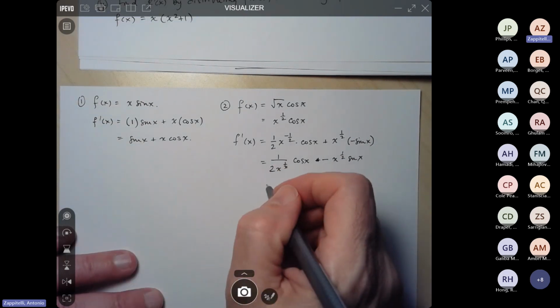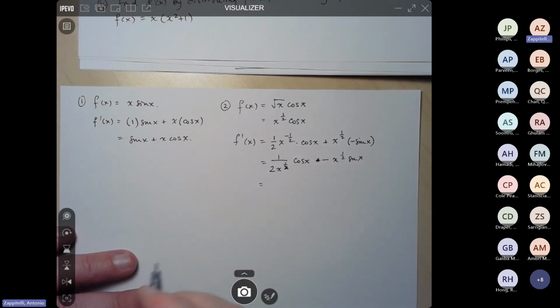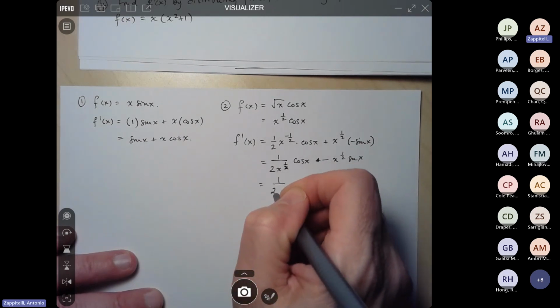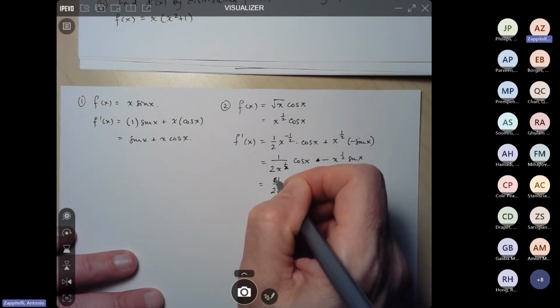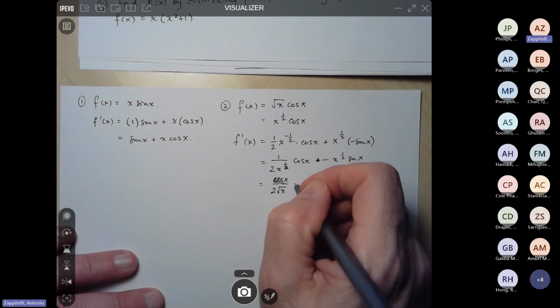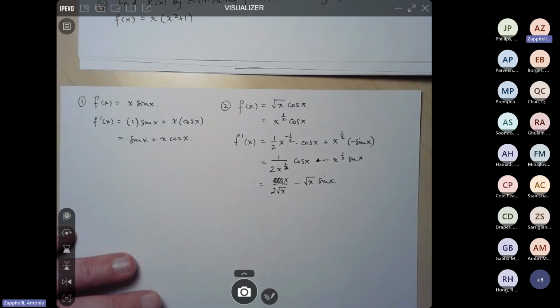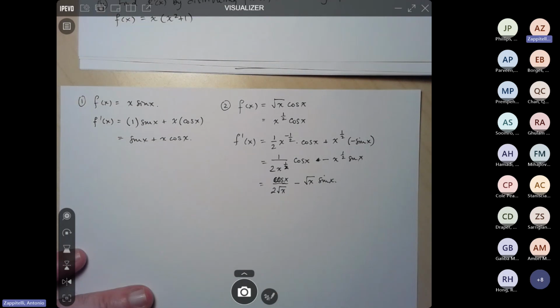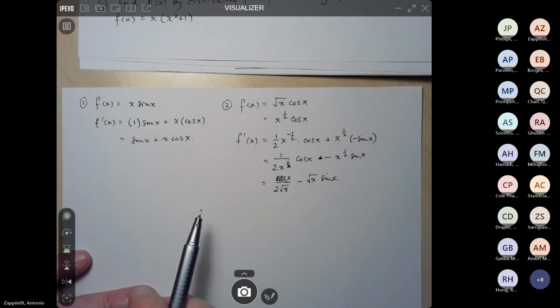Okay, and we can even make it a little simpler by turning these back into square roots. So 1 over 2 root x. In fact, we can even put the cos x in the numerator, multiply these out, and then minus root x sine x. Okay, and that's about as simple as I think you can get it. All right, any questions on either of these first two?